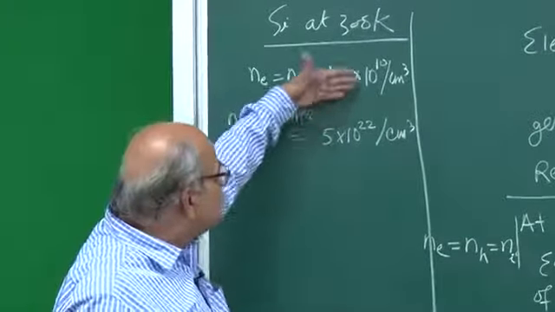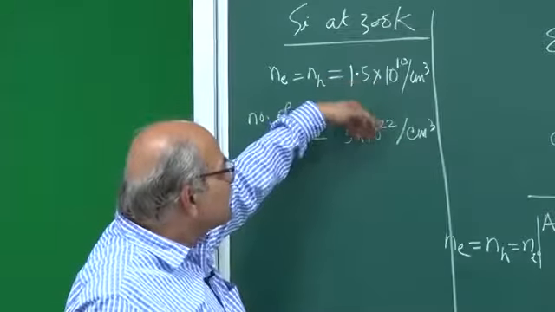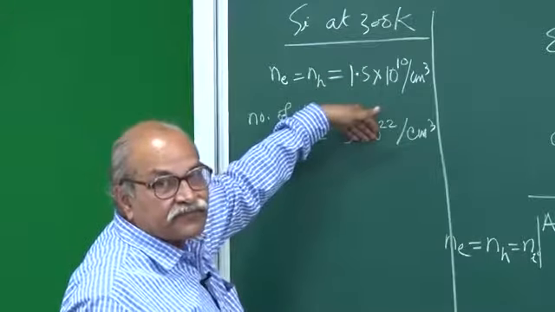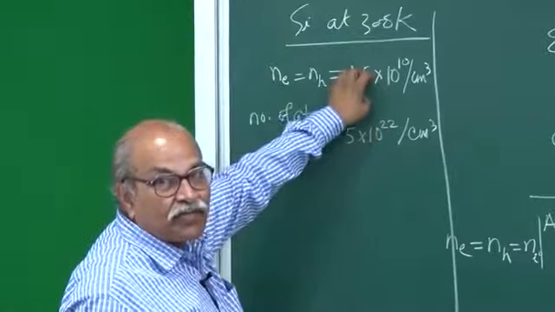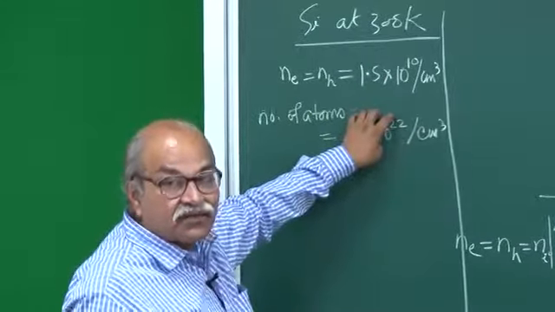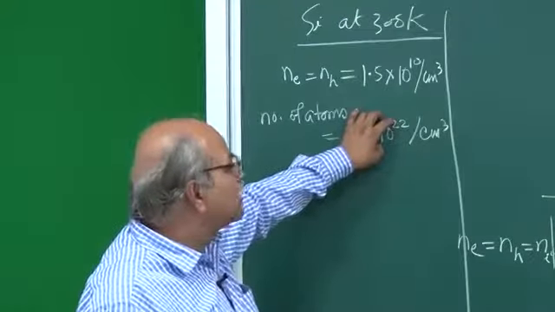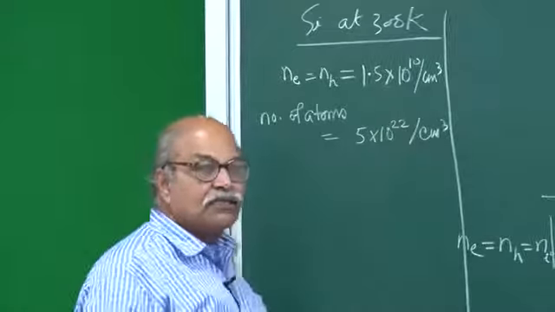So this is a ratio of about 10 to the power 12. So 1 in 10 to the power 12. One electron hole pair comes from 10 to the power 12 atoms. So it's a really small fraction.